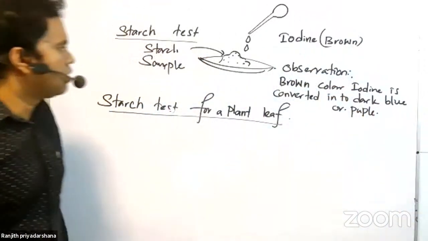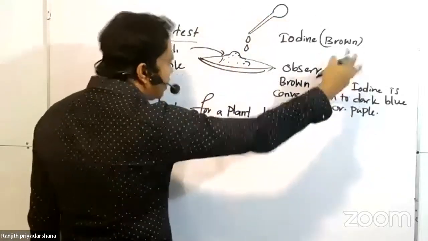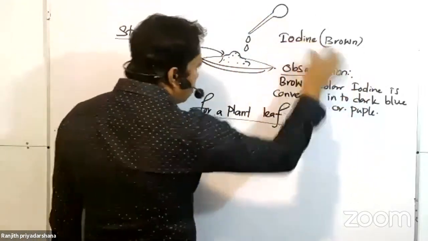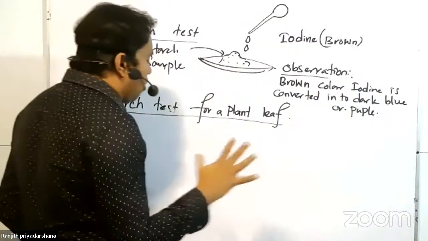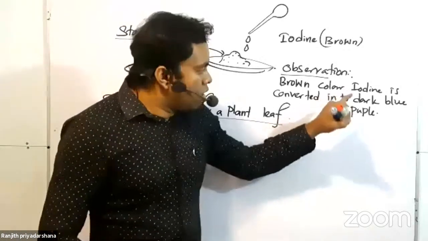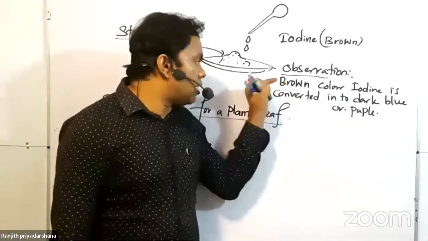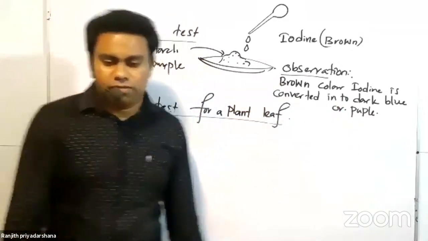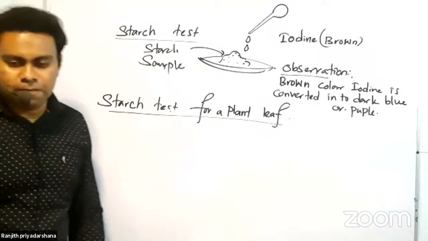Okay, so that's the starch test. Draw a little sketch and take down these things. If we put iodine on a certain substance, and it is converted into dark purple or dark blue color, that means that substance is starch. Okay, good.